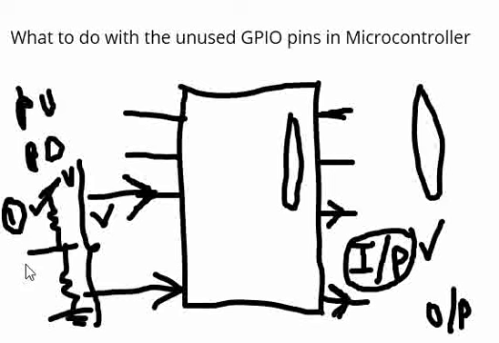Now, in case you don't want to add too much bill of materials in your circuit, let us assume that scenario. In this scenario, there is always an option to configure this input pin as an output pin and leave it unconnected.